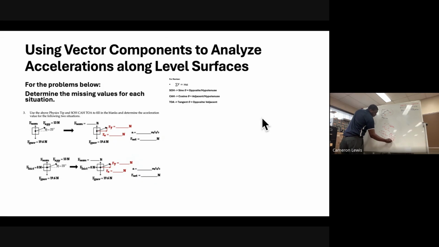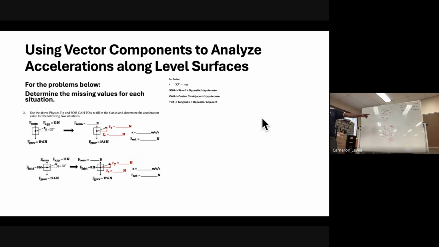Take the square root. What's the square root of 144? 12. So now I know this is a 5, 12, 13 triangle, and I can put these values in here and have them ready to go. Now I know this is 5 newtons here, and this is 12 newtons.